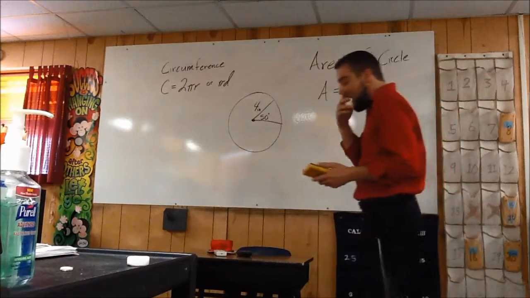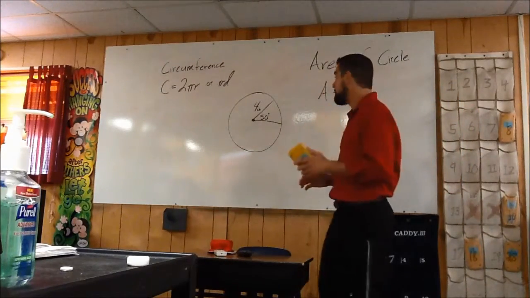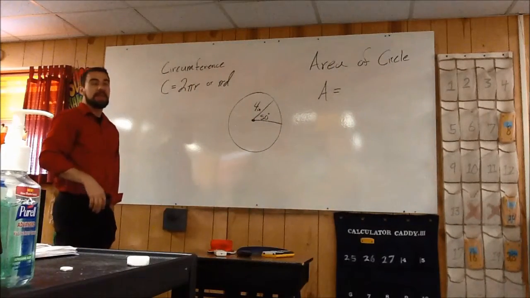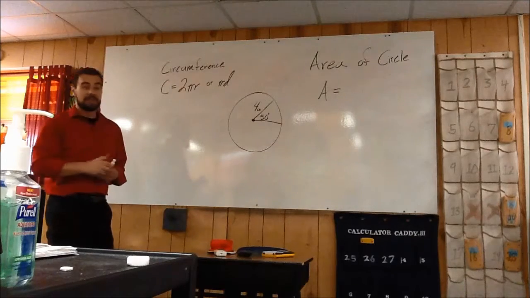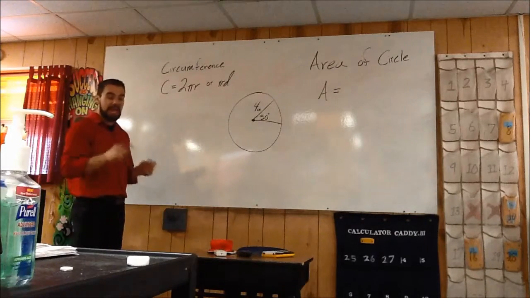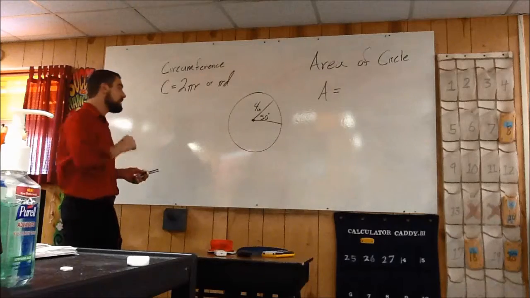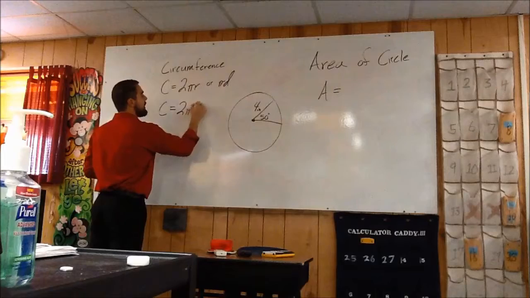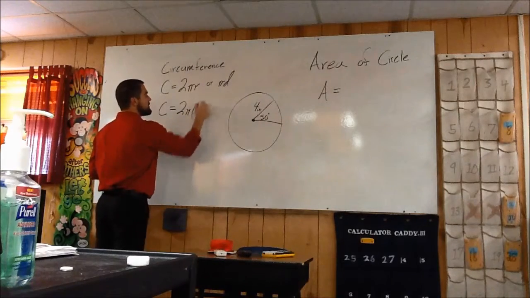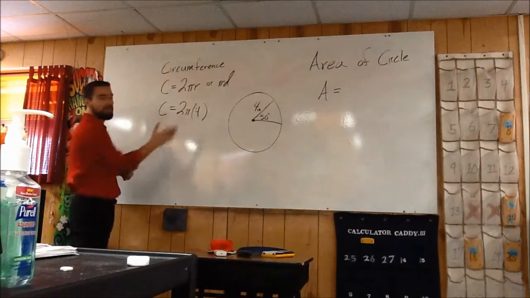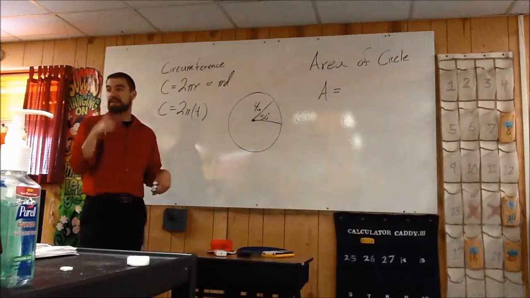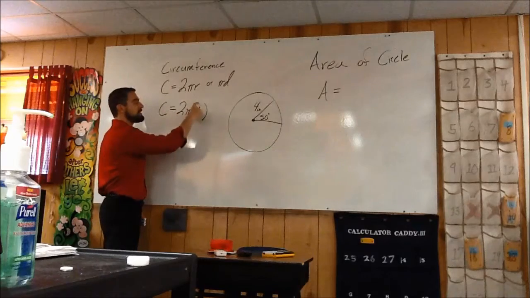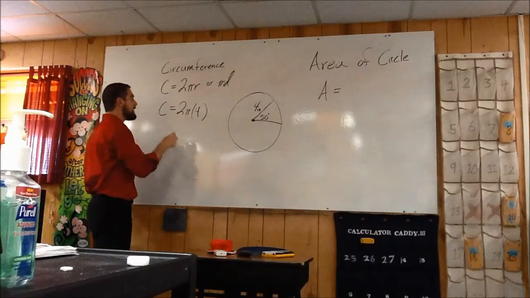Anyway, we're gonna use that button. If I ask you to solve for this circumference, most likely 9 times out of 10, I'm gonna ask for the exact answer, and that means in terms of pi. So if we plug in the value, we've got 2 pi, and we have 4 inches being the radius. Now we can simplify this. All we're doing is multiplying these 3 values: the integer 2, the integer 4, and the irrational value pi.